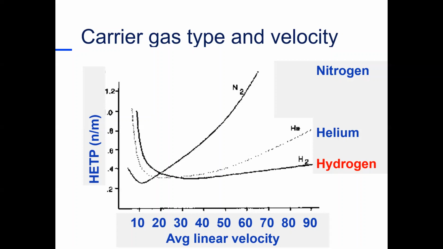So, okay, I like the time. How much does it cost me between here and here, the separation? It costs me some. I get better resolution down here, but I don't get really bad up here. So let's go with helium. Well, long ago, we decided that wasn't a good deal either.